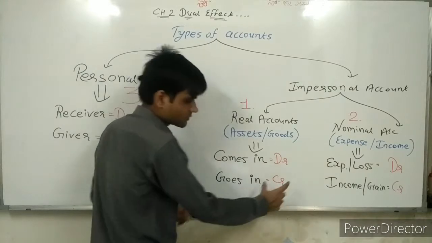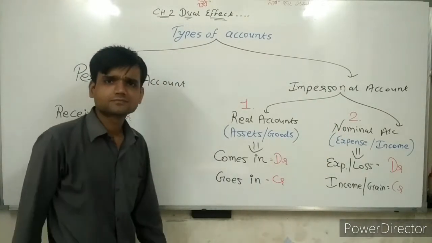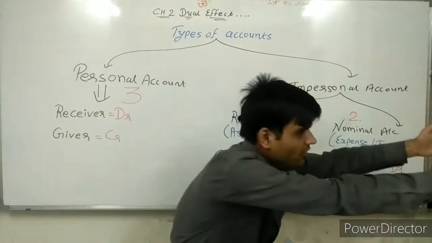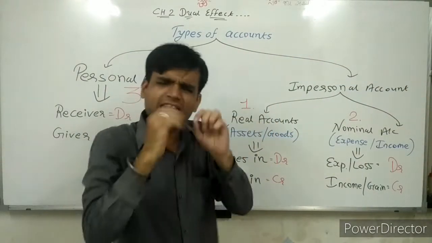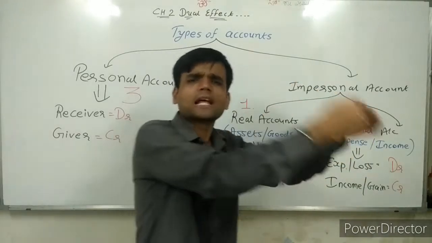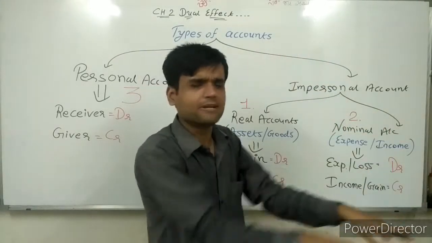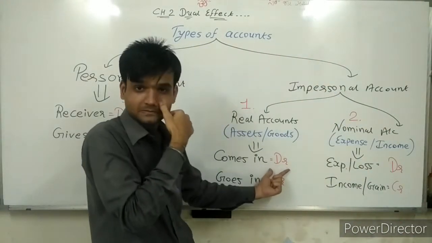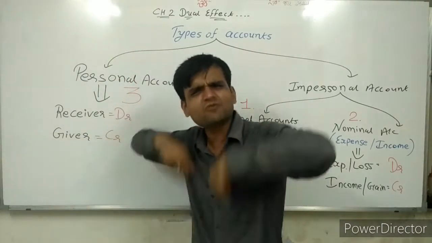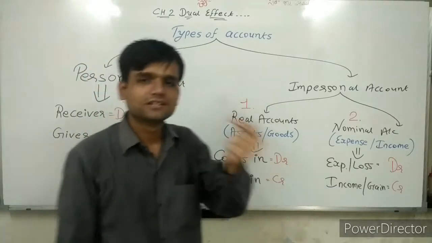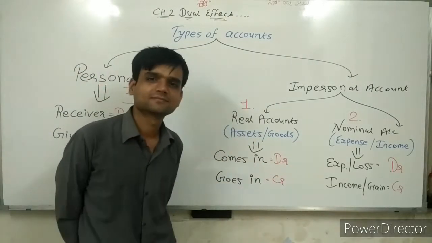If it goes out, then credited. So if I am purchasing goods, then it comes in. Anyway, whether goods or an asset comes in, it is debited. And if it goes out, anyway it goes out, then we are crediting.